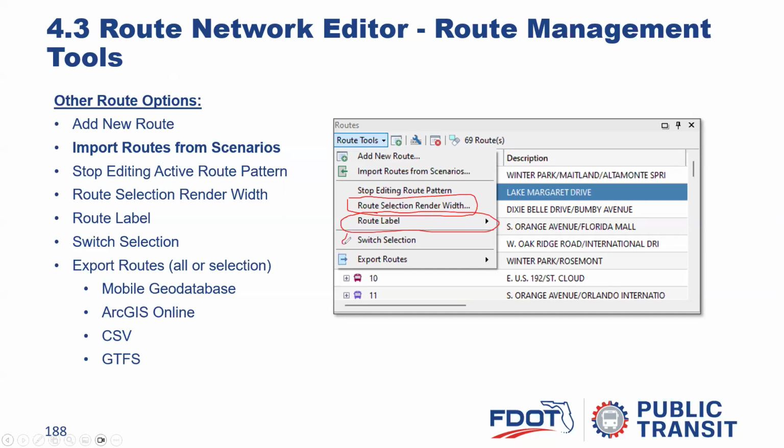This is kind of handy, the switch selection, which those of you who are GIS experts will know that it's pretty easy to switch selection in ArcGIS Pro and going back in various ArcGIS versions in the past. So we have that here as well. And of course, export routes out to GeoDatabase or ArcGIS Online. So definitely different tools here to help you code and visualize your routes as you're developing them.